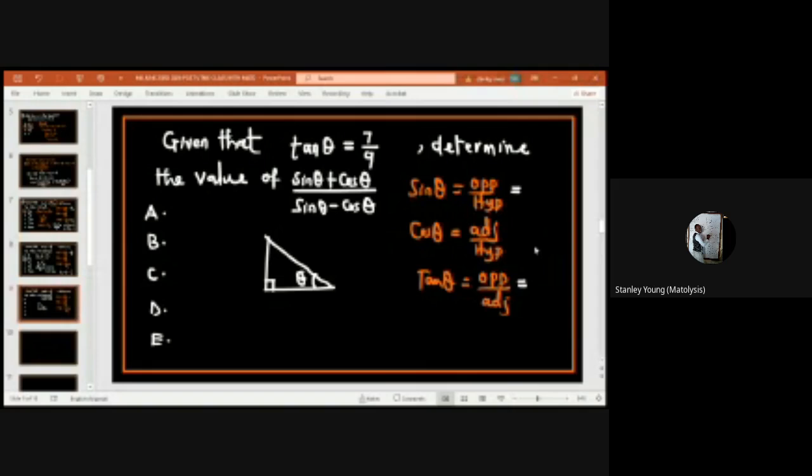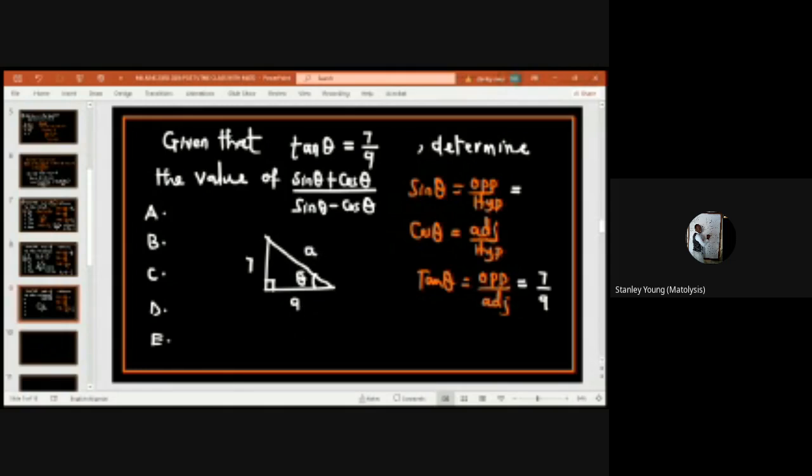Tan means opposite over adjacent. So in this case, we have 7 over 9, which implies that the opposite is 7 and the adjacent is 9. You can get the hypotenuse, but let's just call it A in this case.